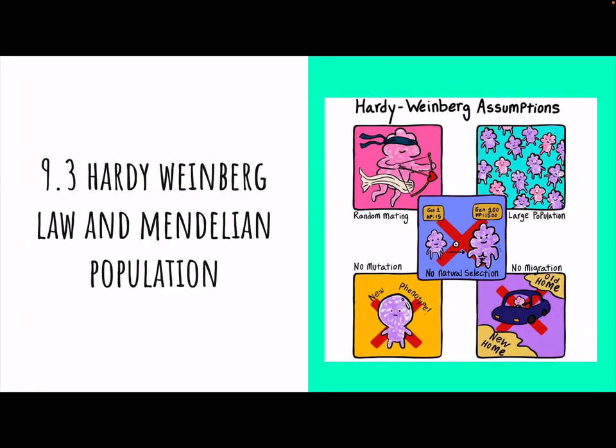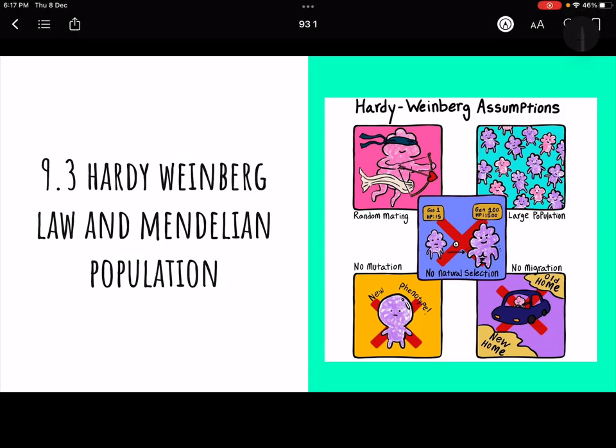Today we are going to start with probably the toughest part of anthropology, the Hardy-Weinberg law and the concept of Mendelian population. If any of you doesn't like mathematics and has a strong aversion to maths, it is going to be a tough thing.